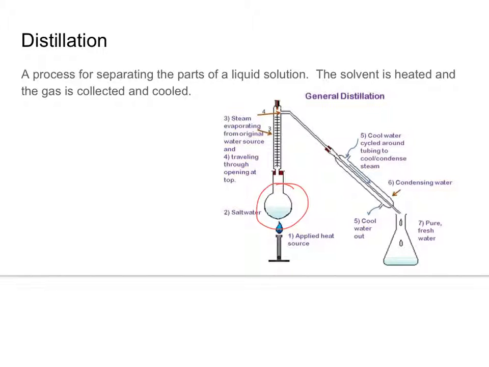Now if you think about it, when you boil water, water evaporates. Salt doesn't. So this water will evaporate up here, and then it goes down through this apparatus, and as it goes it cools down. As it cools down, it turns back into water droplets, and it drips into whatever you're trying to catch it with.